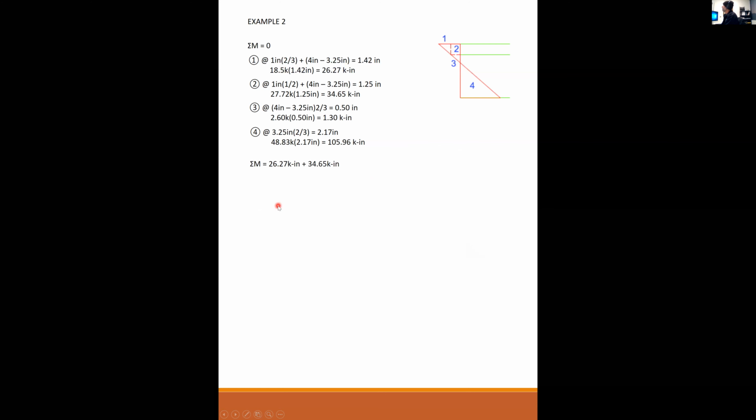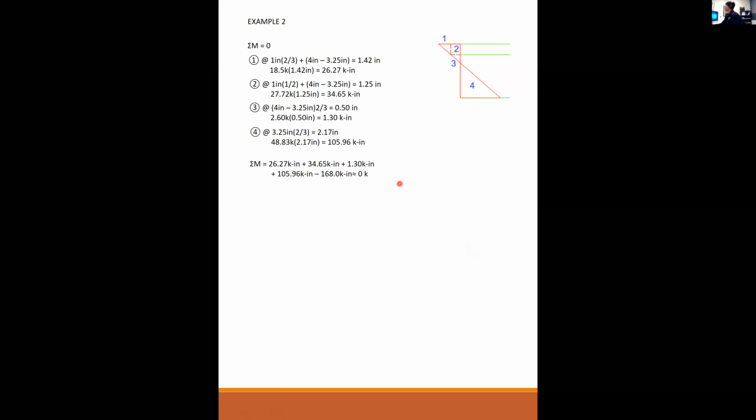So if I sum them all together, 26.27 plus 34.65 plus 1.3 plus 105.96 minus the applied load, which was 168, I get 0. Okay, so that's what you ought to get, because the sum of the moments needs to equal 0 for static equilibrium.